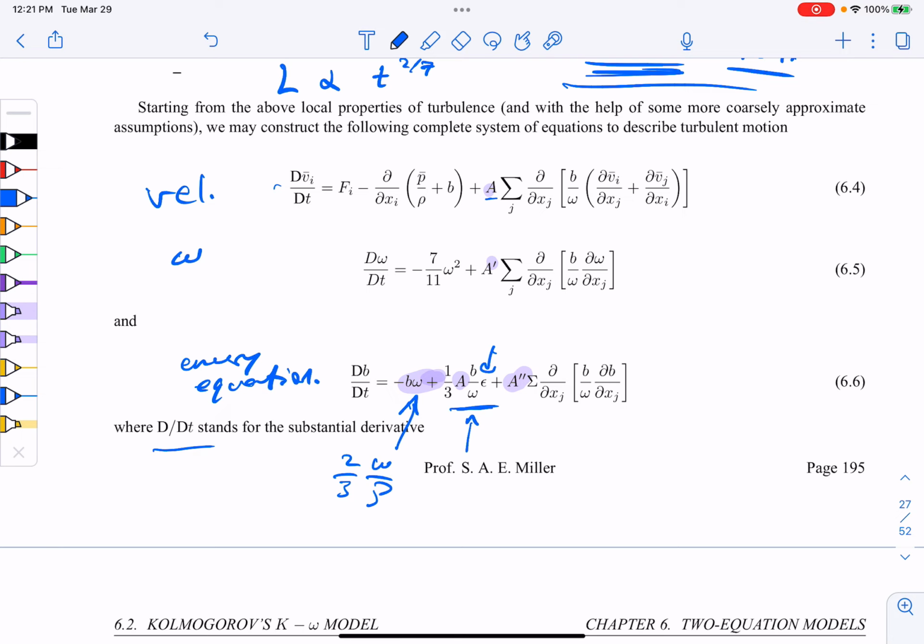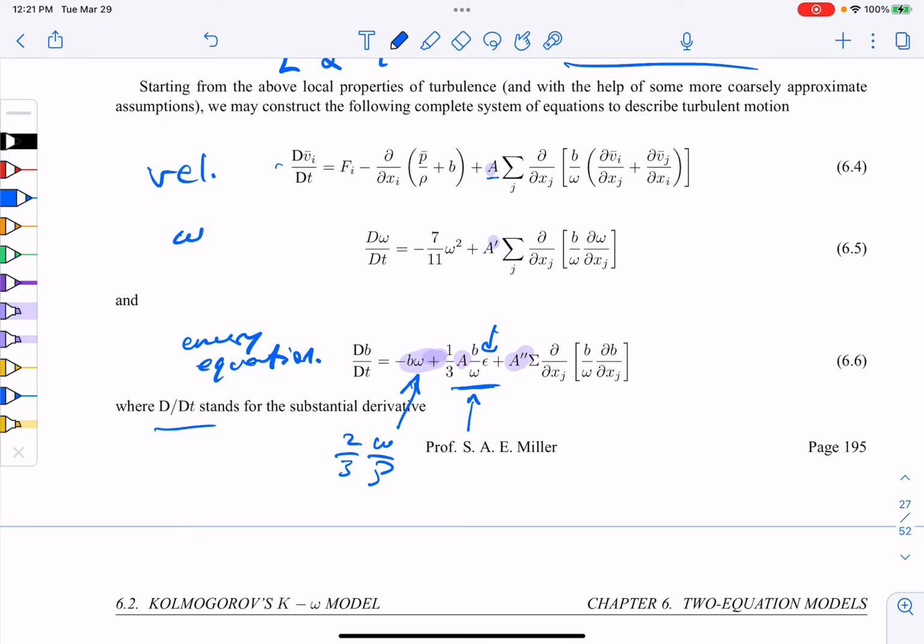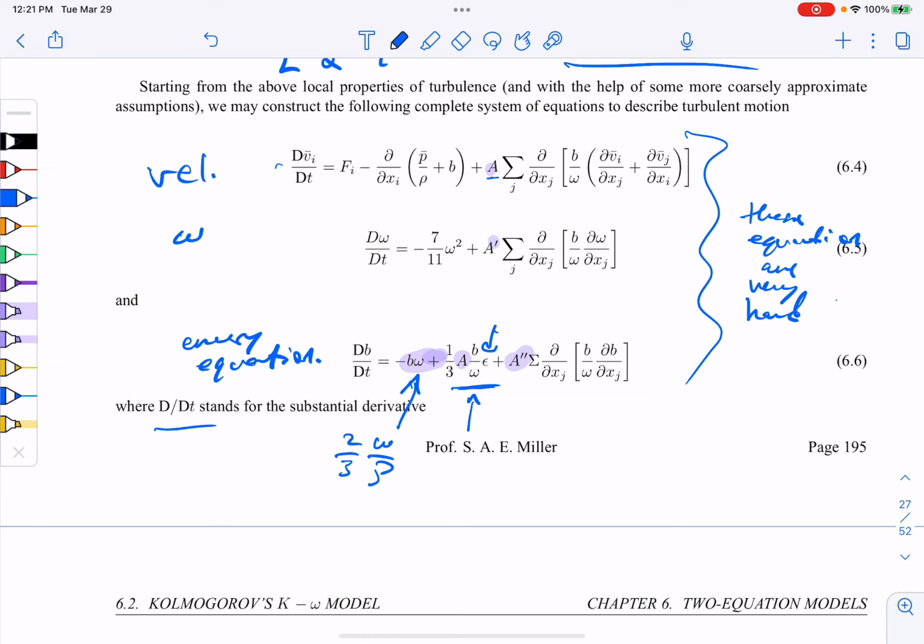And I think Kolmogorov and others, even numerically, found that these equations are very hard to solve. I think anybody would say that. Even numerically.